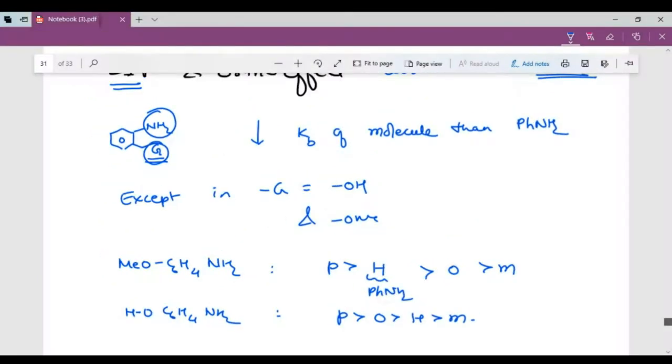Okay, but there is no such exception in case of benzoic acids. The exception of OH and OMe is only in case of anilines, not in case of benzoic acids.